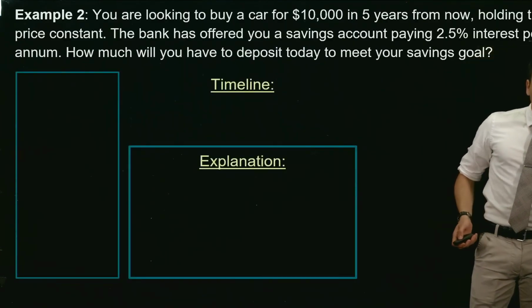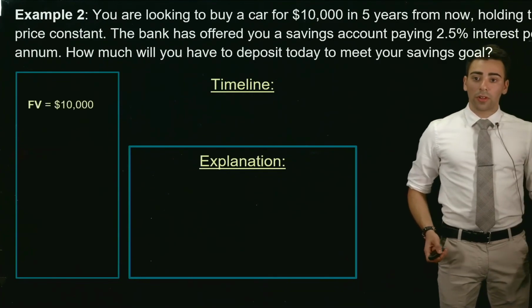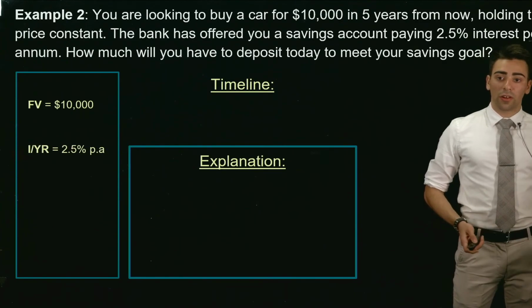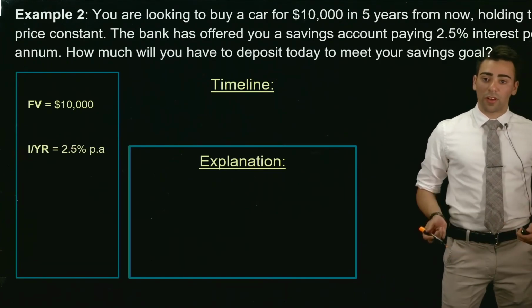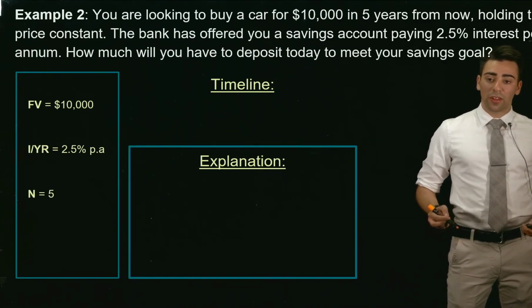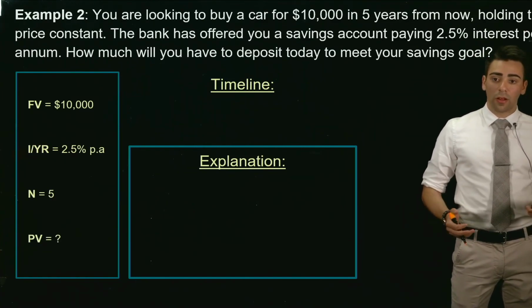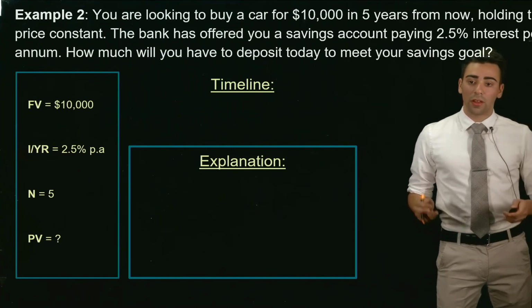Let's work with what we know again. We know that the future value is $10,000, the interest rate is 2.5% per annum, and N is 5 because we're still investing for 5 years. But we don't know present value this time.